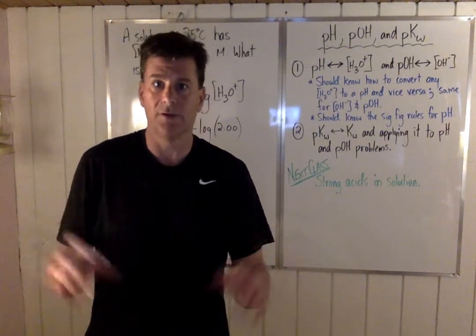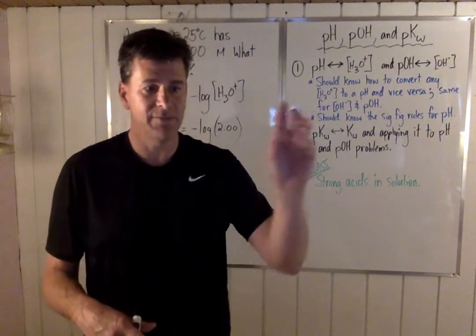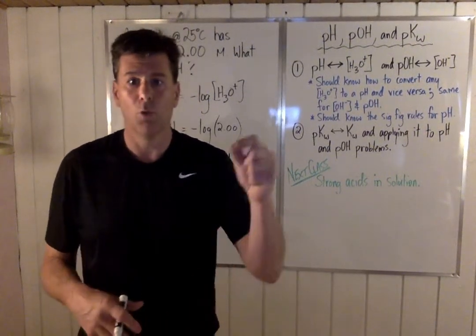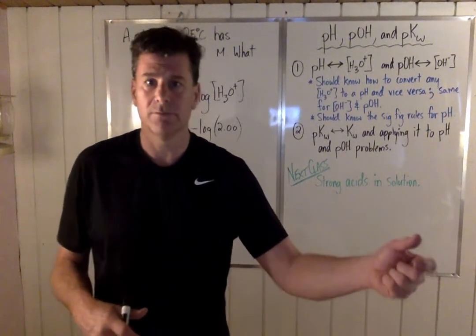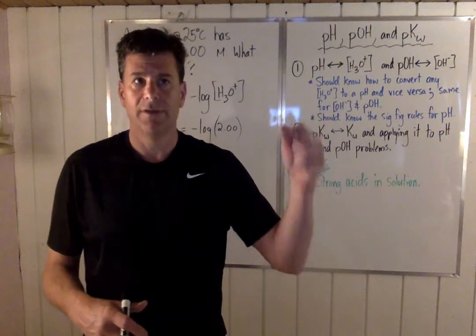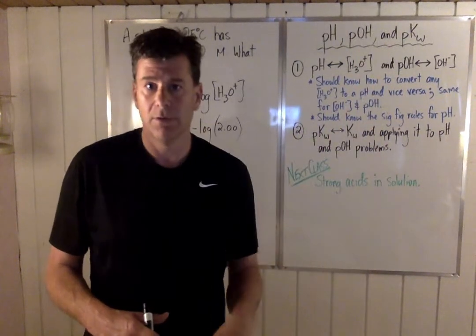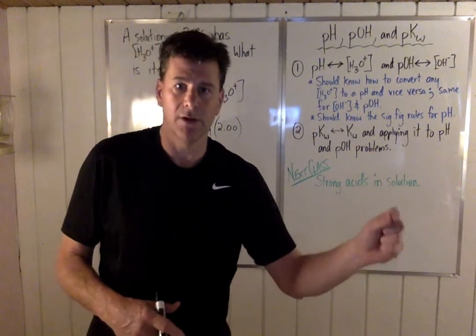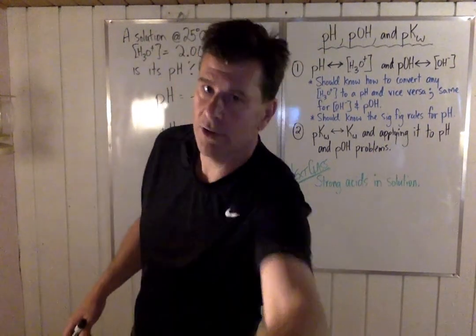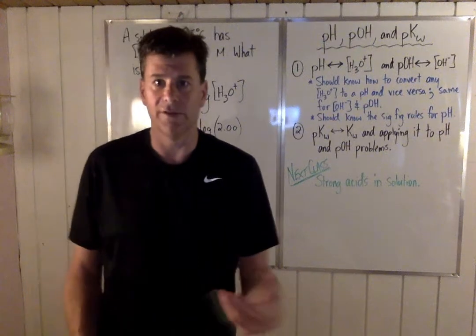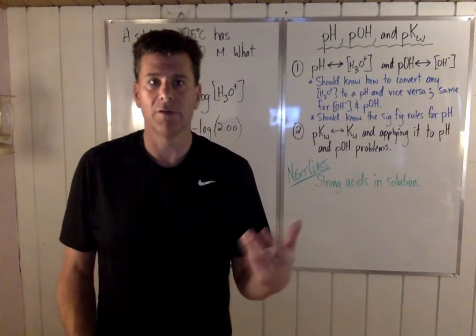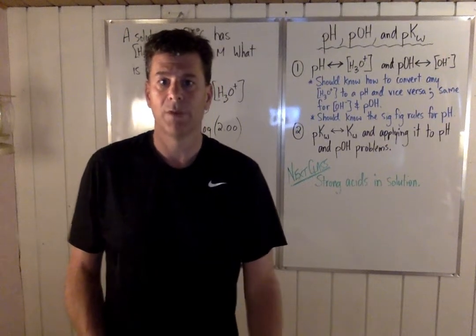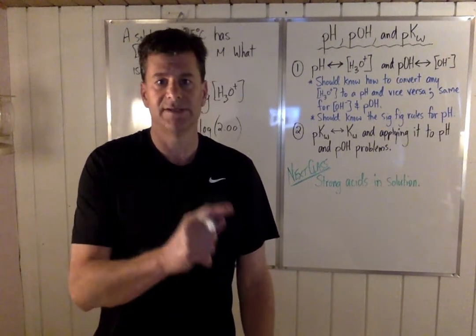You've all done enough math for this. 10 to the power of 0 equals 1. So if you have a 1 molar hydronium solution, the exponent on the 10 is a 0. So 1 molar hydronium is a pH of 0. Well, 2 molar hydronium is more concentrated than 1 molar hydronium, and so the pH must be more acidic than 0. 1 molar hydronium is 0.